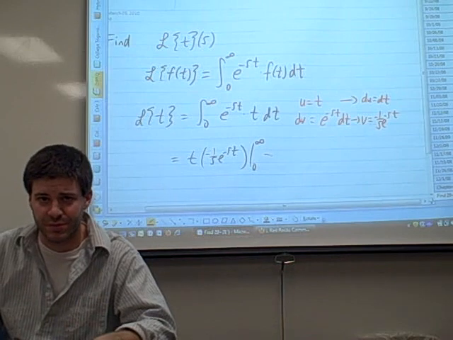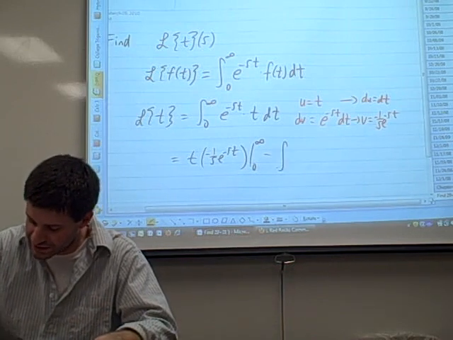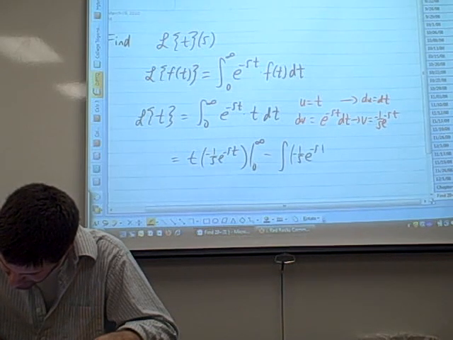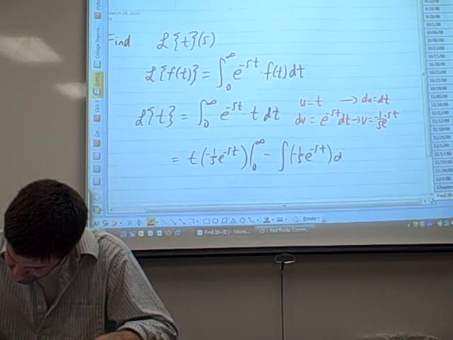And the other part of our integration by parts formula is the integral of v du. So negative 1 over s e to the negative st dt.